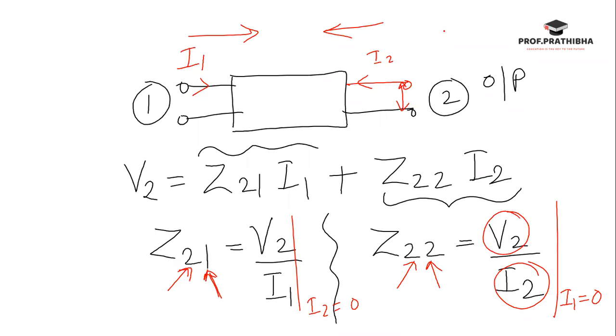Yes. Ma'am, if in the Z parameter question we have 4 meshes, then we will have 4 currents, right? You will have, yes, then you have to do the same thing. That means every time you keep eliminating. You understand? Okay, ma'am.